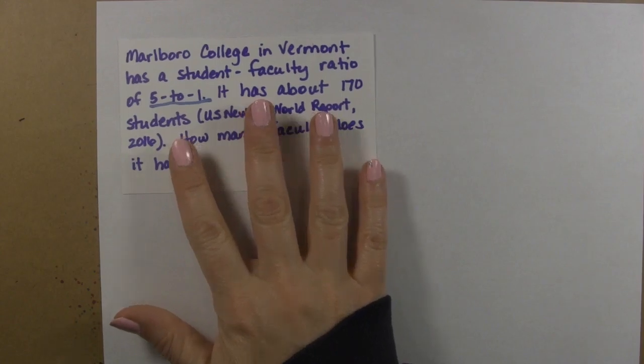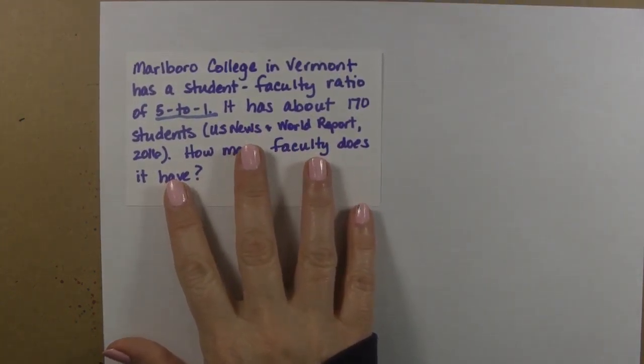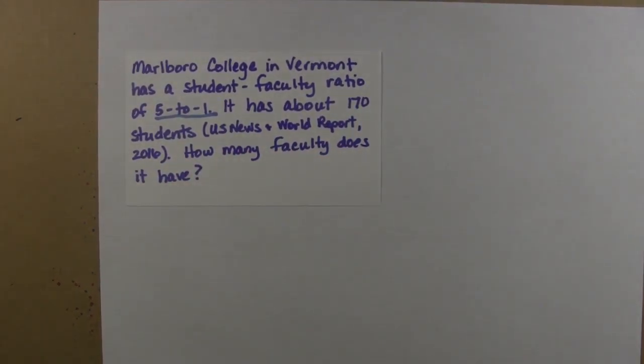So let's do an example. So here we have some information about Marlborough College in Vermont. It has a student-faculty ratio of 5 to 1. 5 to 1. And it has about 170 students. How many faculty are here?